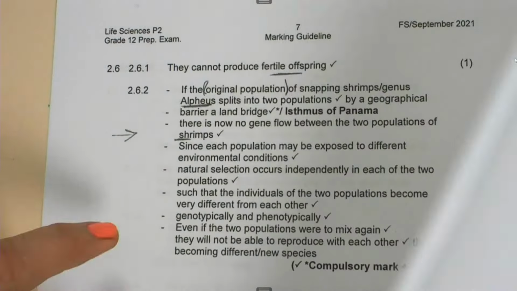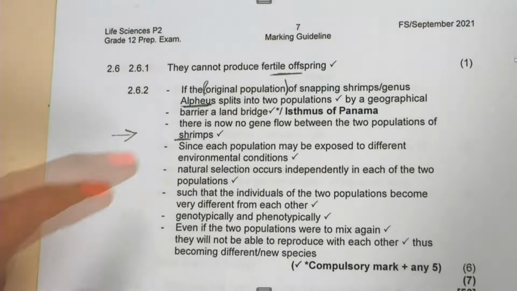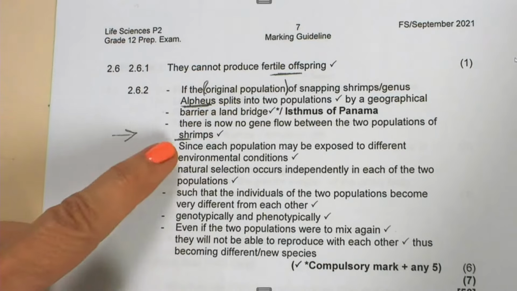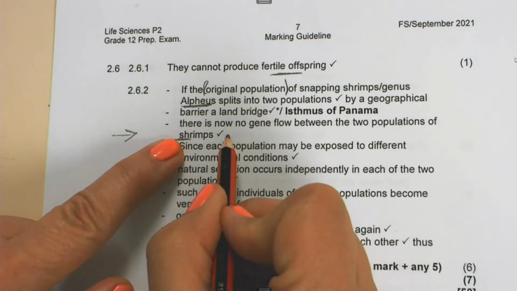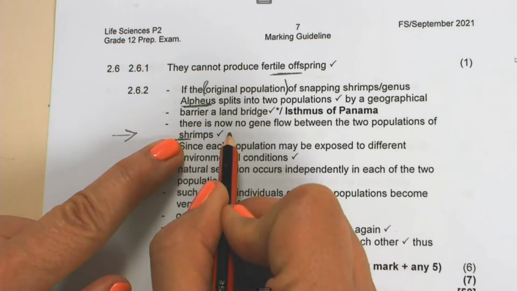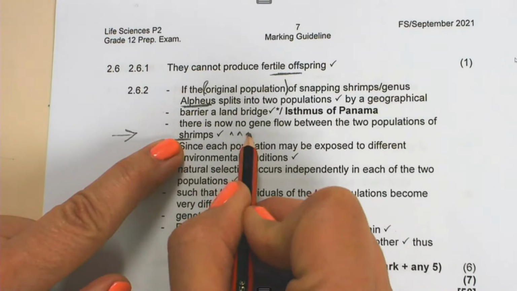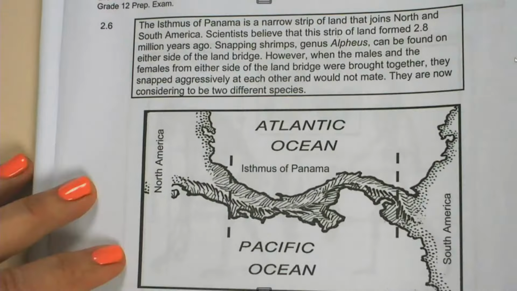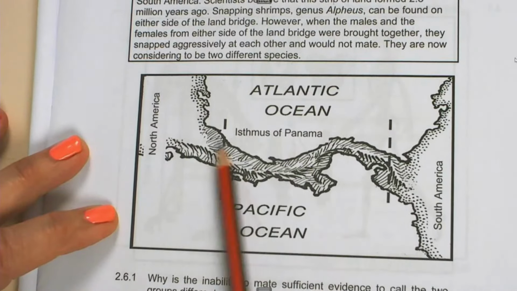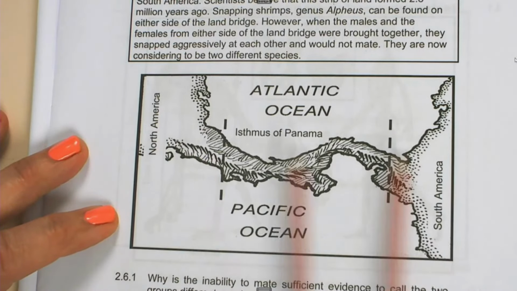So when we say there is no gene flow between the two populations of shrimps, I want to emphasize, when you come back with the learners and you do corrections on this paper, maybe we must add, or not maybe, I think we add this now, because I picked up a trend that I want to mark like this. So we are saying there is no gene flow between the two populations.